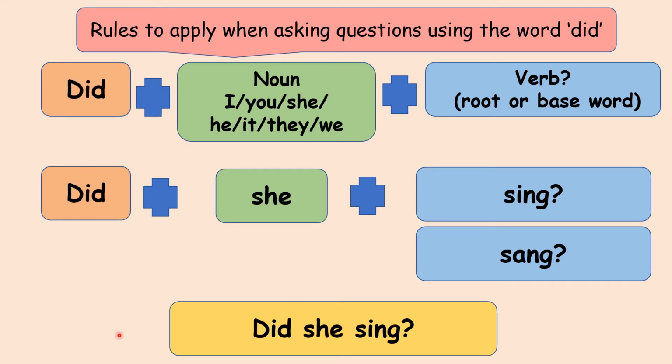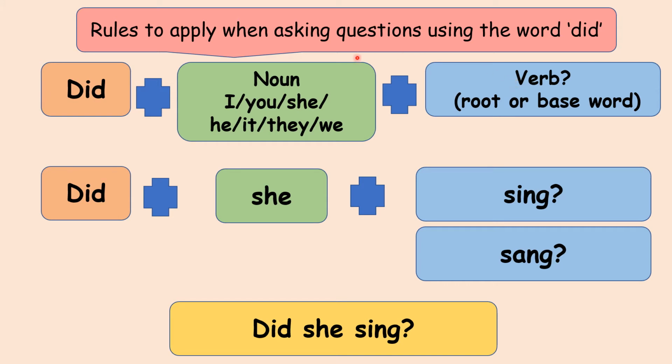Okay, so let's have a look at this example here. The same rule shall apply when asking questions, which is first comes the word did, followed by the pronoun or the noun, and then the verb. And the verb has to be in its root or base word, the original word, not modified or changed into any kind of tense, all right?